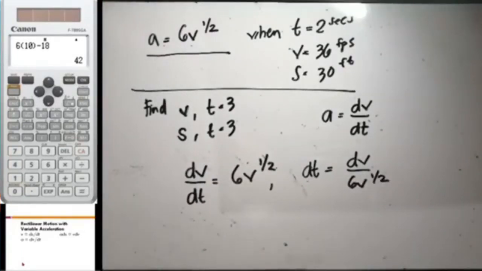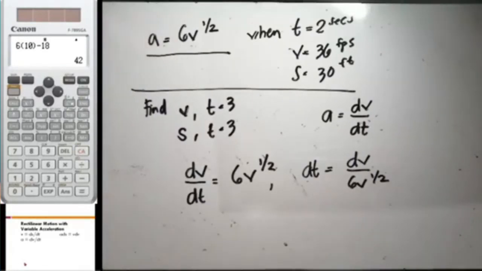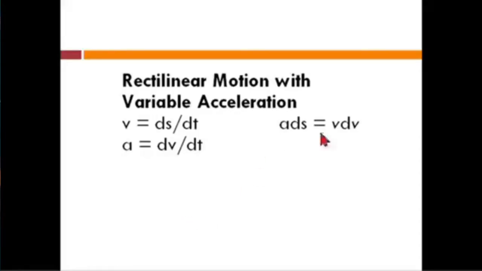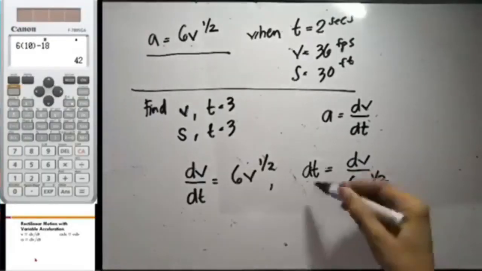Kasi ang gagawin ko, i-integrate ko to. Ulit, pwede mong subukan to. Kaso, sa ibang equation ko kasi makakarating. Parang ang mangyayari sa'yo, makakuha ka ng velocity in terms of acceleration, or acceleration in terms of velocity. Sinubukan natin to.